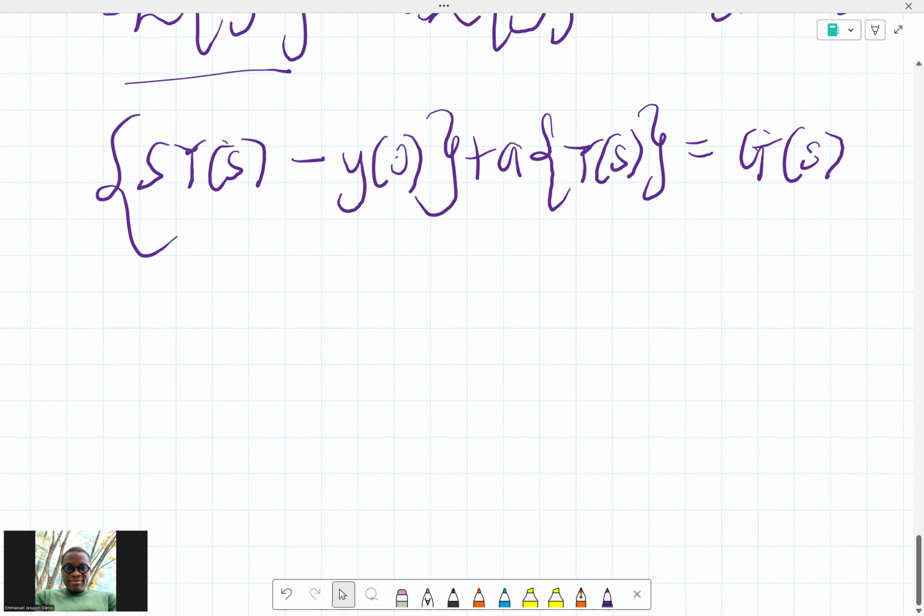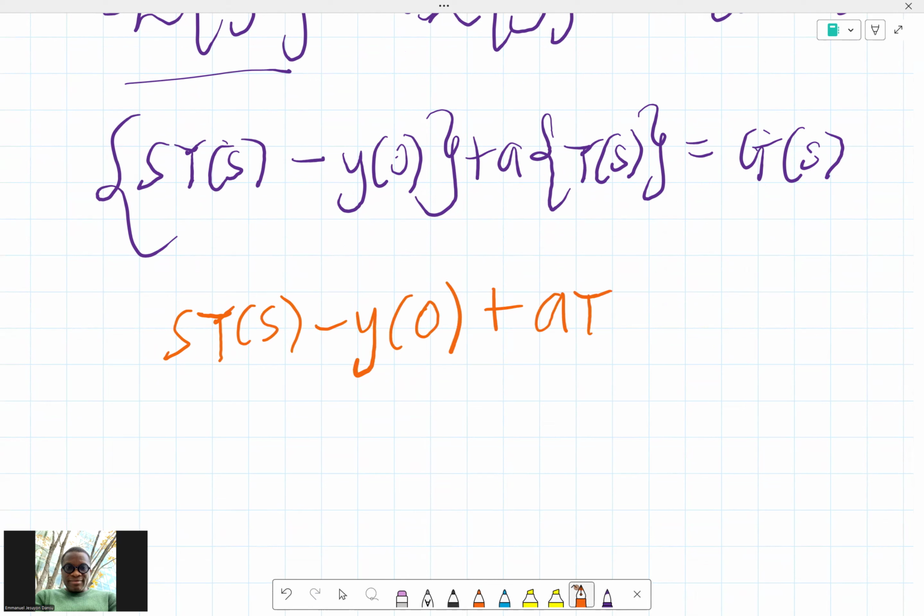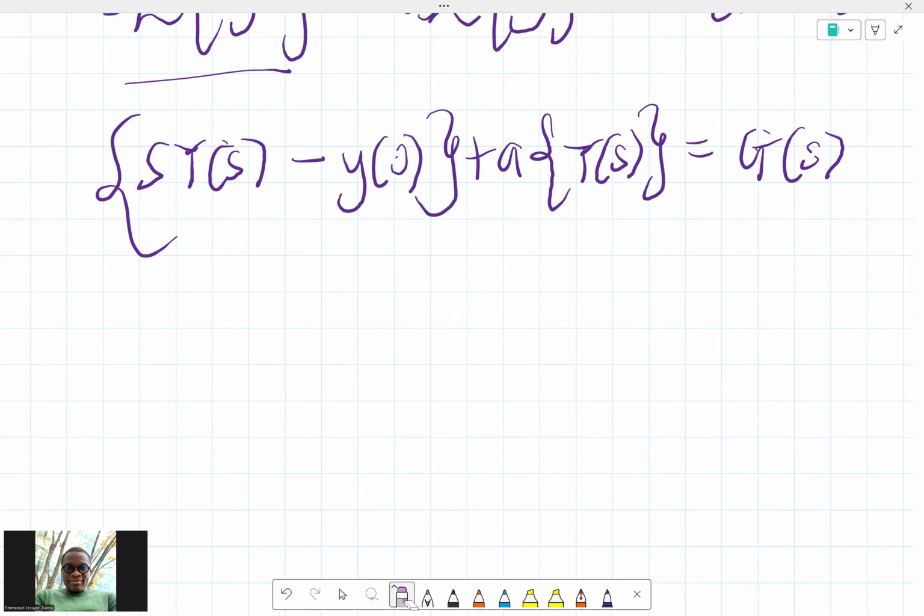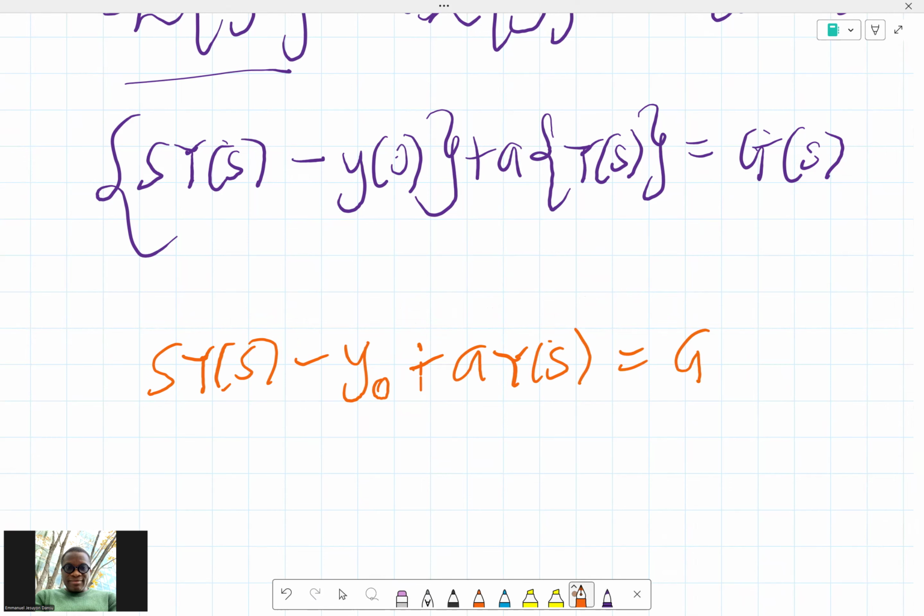Now with that in place, we can collect all the Y of s terms together. So we have s Y of s minus y naught, plus a Y of s, equals G of s.